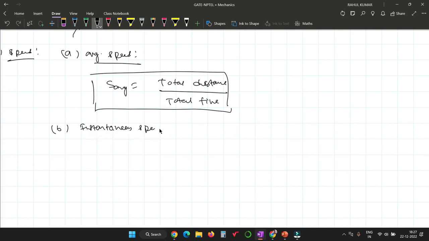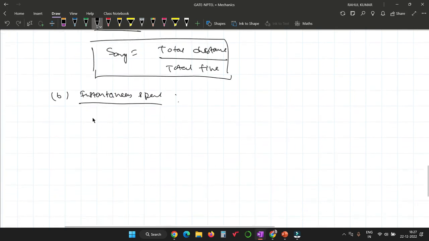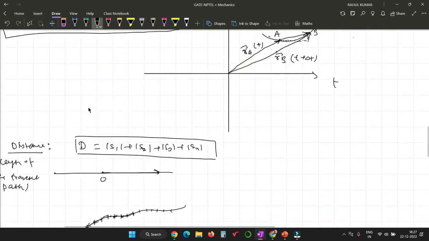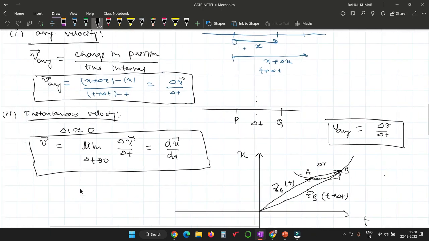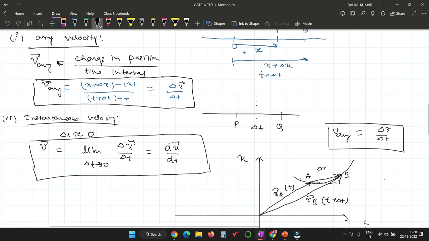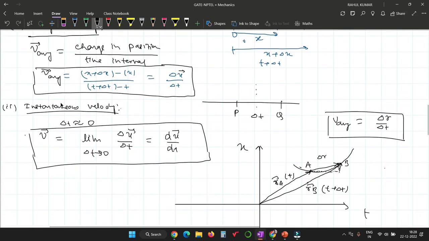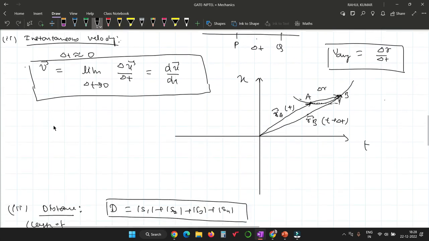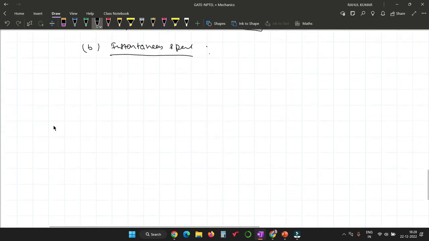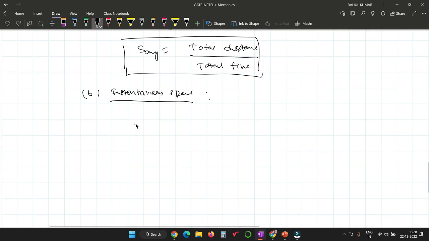Instantaneous speed. In the instantaneous speed, one thing you can notice is that I'm not writing any subscript. You know why? In the average velocity, I'm writing a subscript, but in the case of instantaneous, I'm not writing any subscript. Can you tell me why? Because it's a variable.